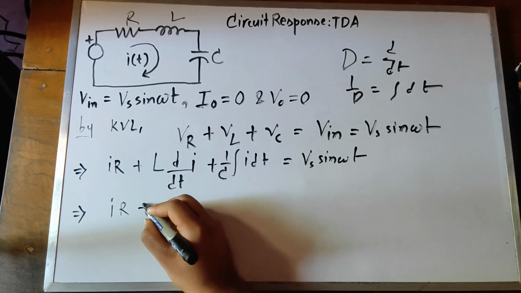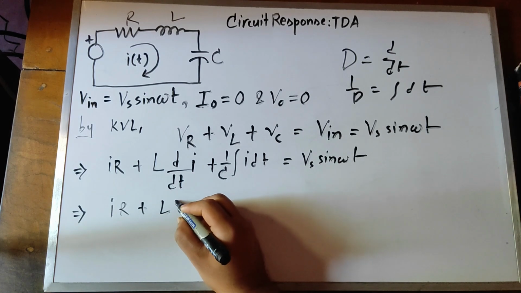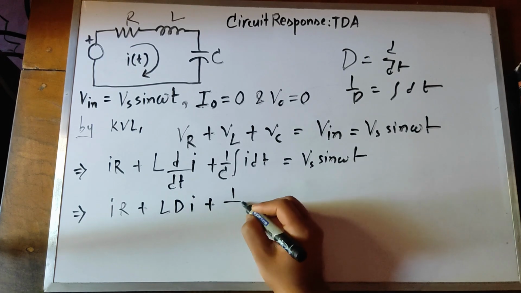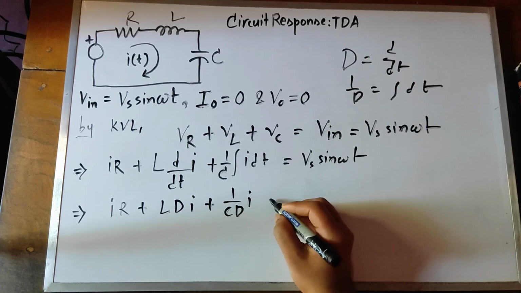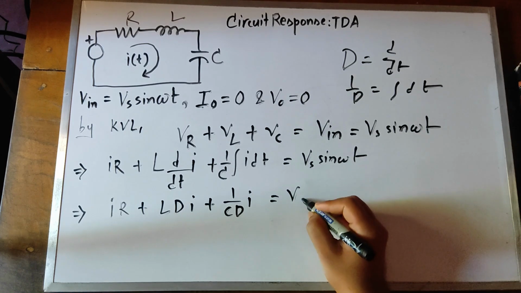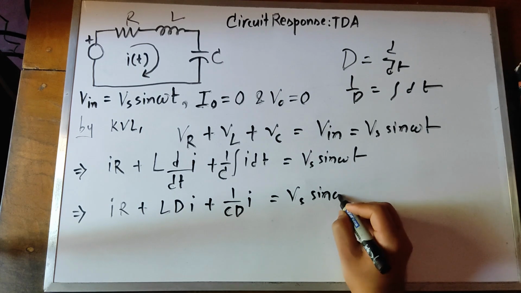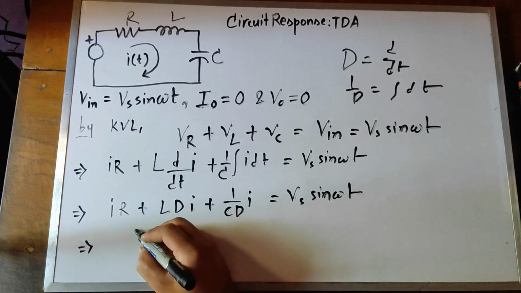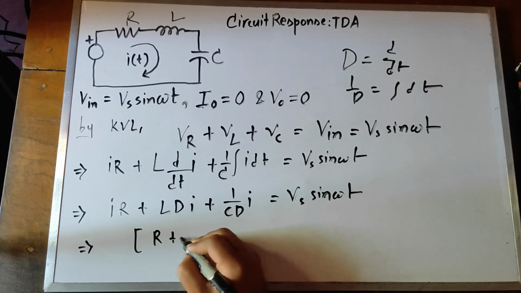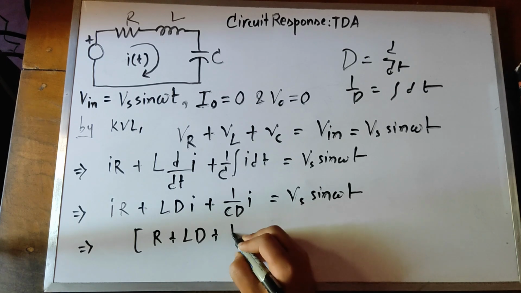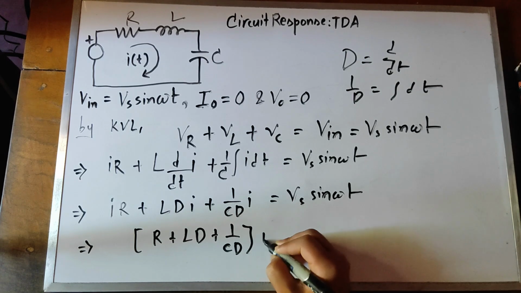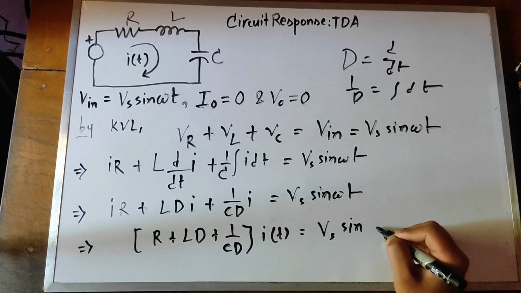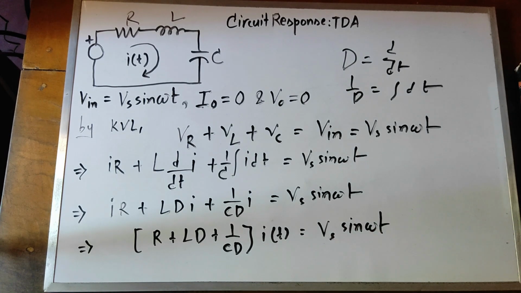So I R plus L D I plus 1 by C D I equals Vs sin omega t. Now if I take the common factor, (R plus L D plus 1 by C D) I(t) equals Vs sin omega t.